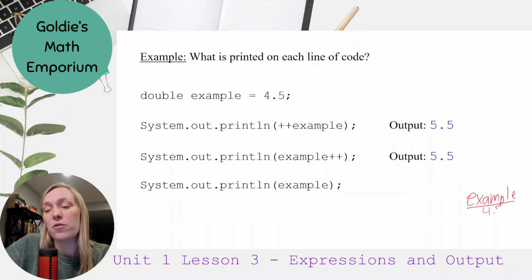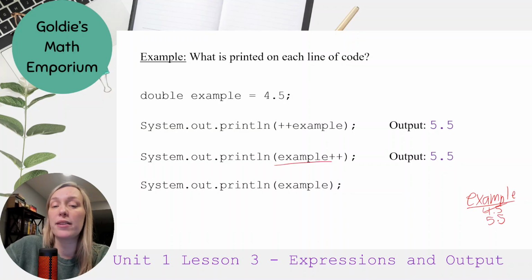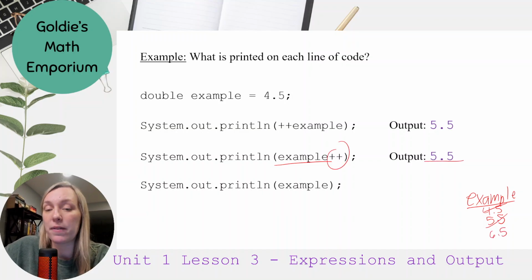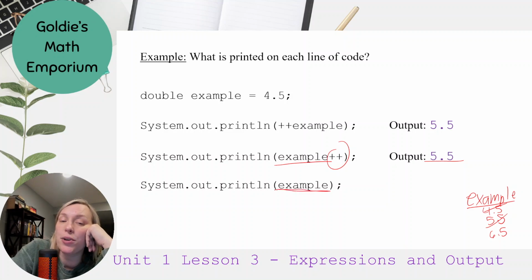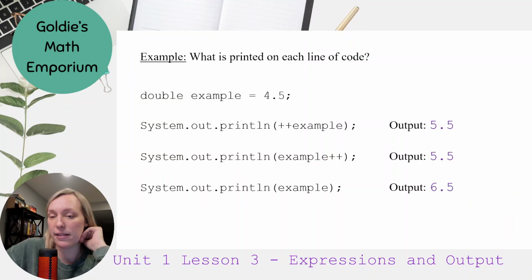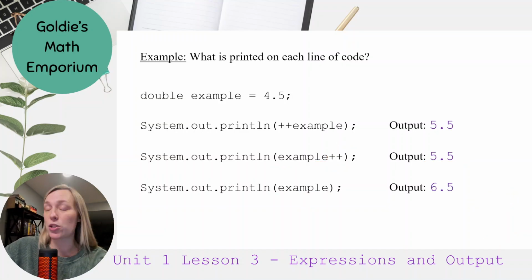So it was 4.5, it was 5.5. This line of code said print it off and then add 1 to it. So then it became 6.5. We printed off what it was, 5.5, and then added 1 to it. And now when we come down here and print it off, what is example currently? Well, it's currently 6.5. So 6.5 is what's going to get printed off to the screen.